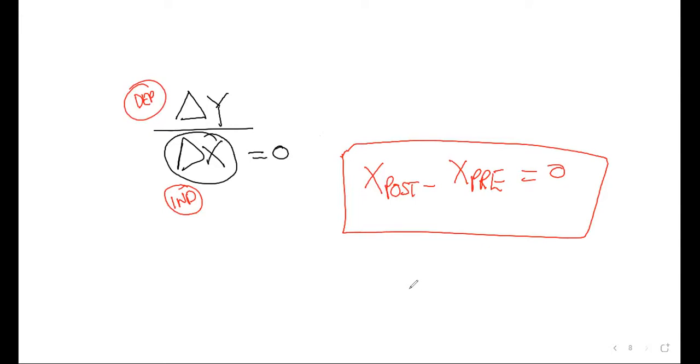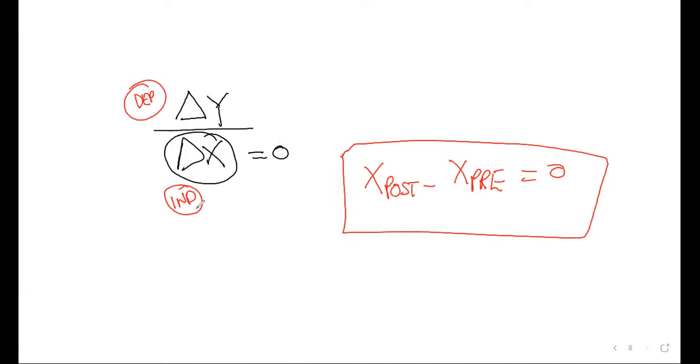If x doesn't change, that means before the change, whatever the value of x we had, after the change the value of x is the same. So x has not changed, right? So what happens? Del x becomes 0. So if the new denominator is 0, what is the value of the slope now?